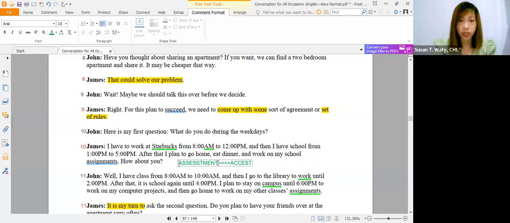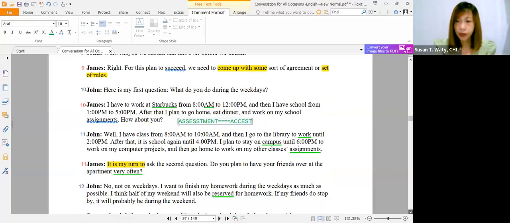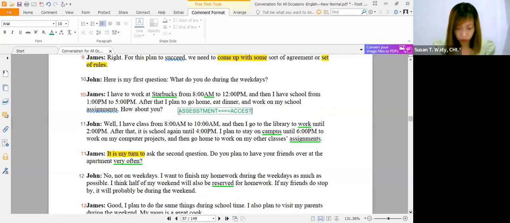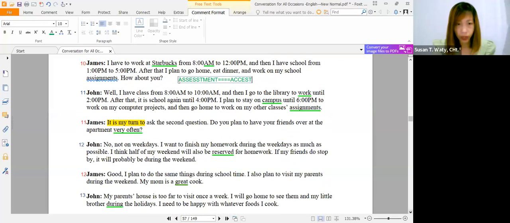So totally different. So pay attention. The ending is going to be the same because it's a noun, ending with M-E-N-T. But the root word is totally different. Assign and assess. Okay, guys. Then let's move on to number 12.